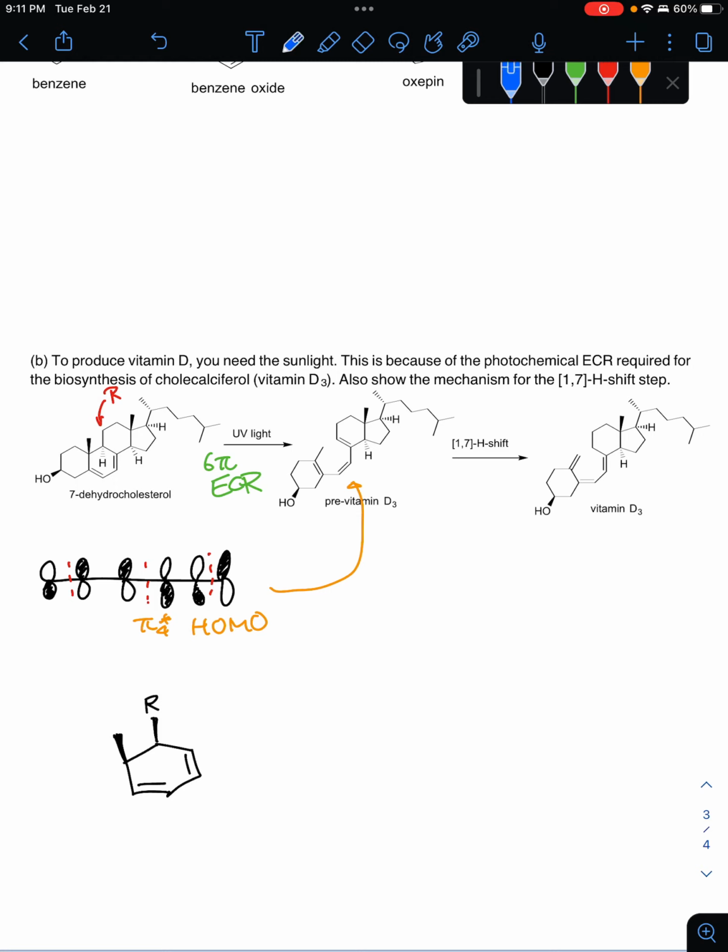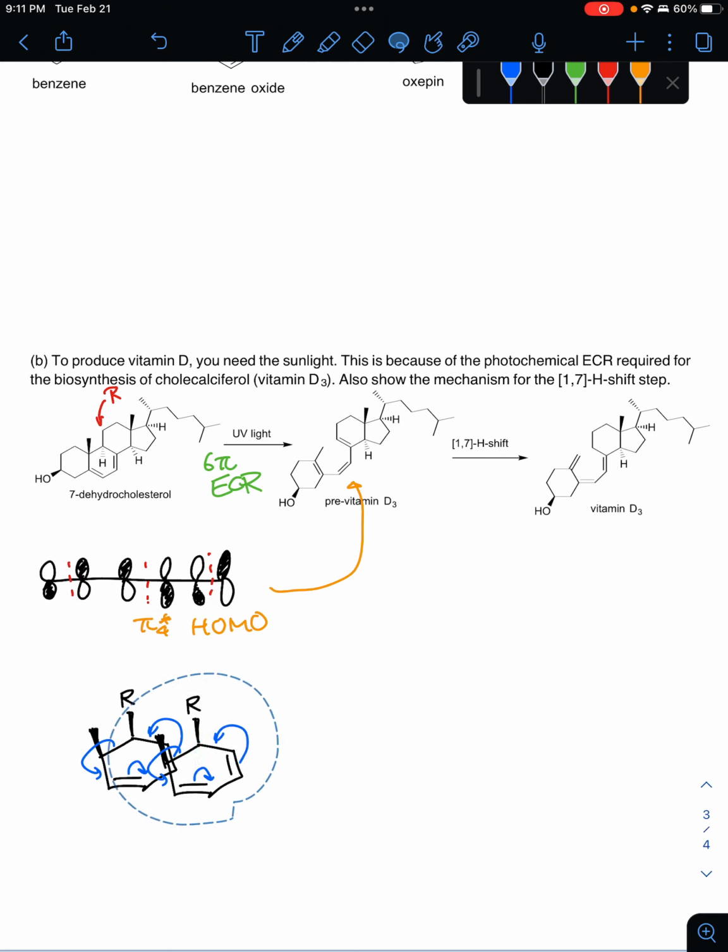Okay, and this is going to open like so, and when it does, we want to know if that's going to be disrotatory or conrotatory in the direction of the orbital rotation. So the orbitals should have looked like this. And this is going to open up.